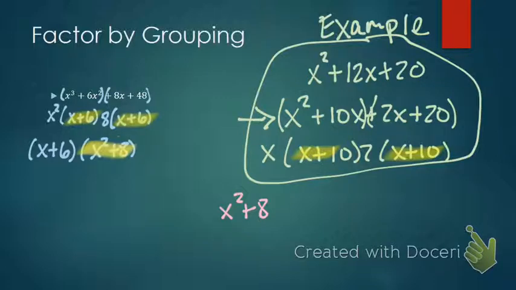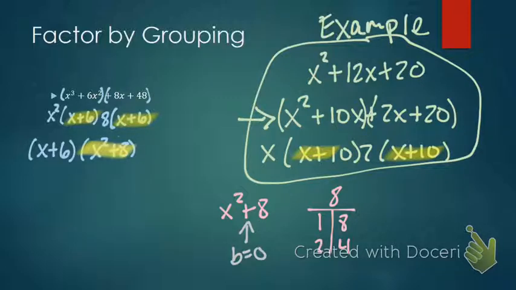So we multiply a times c, and we get 8. And then my b value here is 0. Because b should be right there, but it's missing.